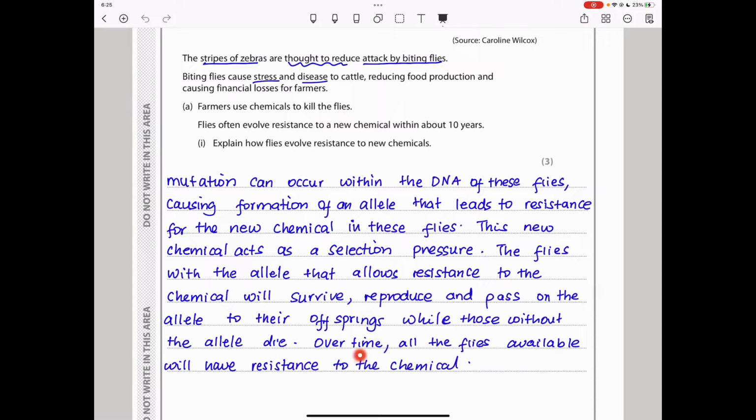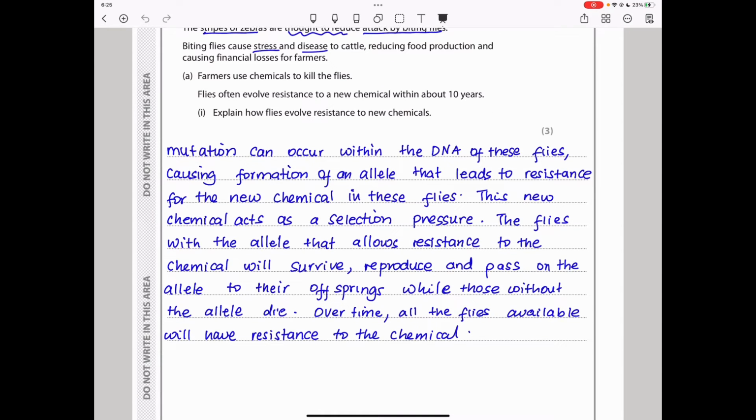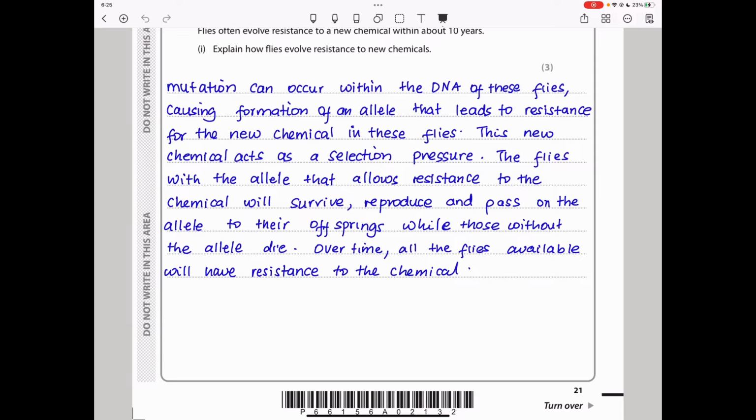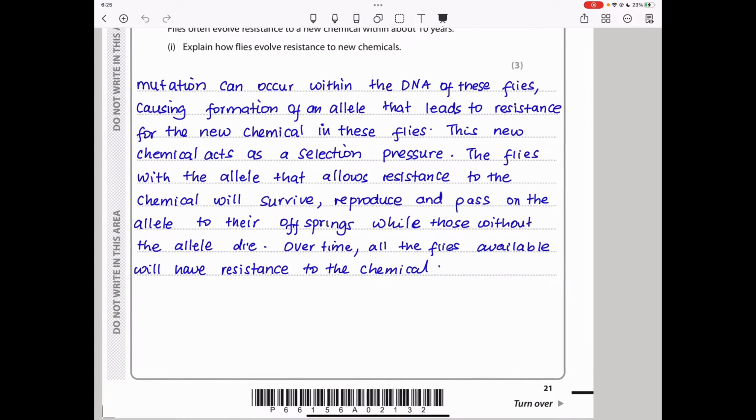And over generations, every fly that will be available will be resistant to that specific chemical. And that is how evolving resistance to the new chemical is going to be able to occur. So I'll continue to the next part.